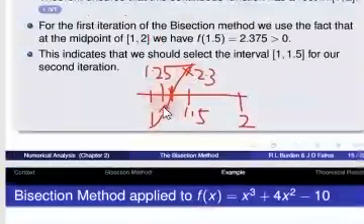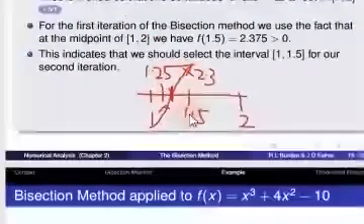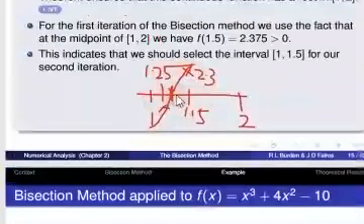Then you consider these two subintervals. You divide this subinterval into two equal subintervals and find the midpoint. So you consider the 1.25 and 1.5 subinterval.